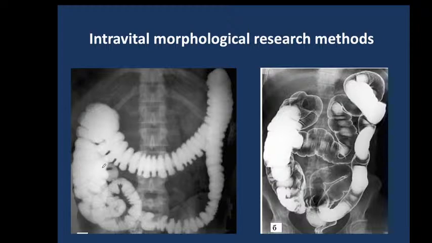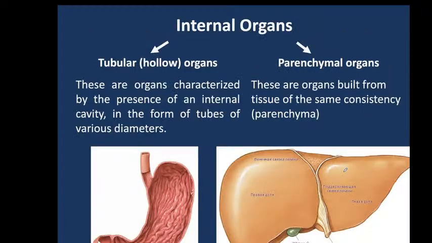This is the rentgenography of the intestinal colon, where a special chemical salt, barium sodium, is used, and this is a combination with air and barium sodium. Let's go on to another slide.